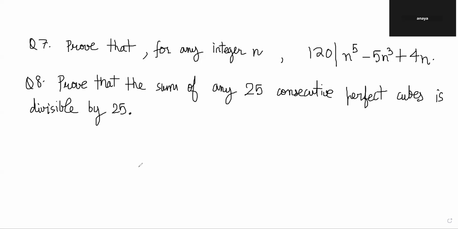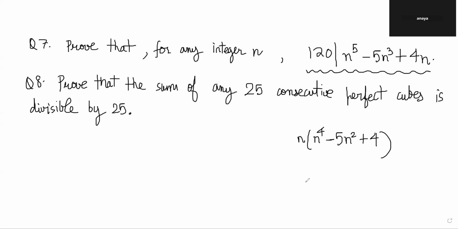Are you getting something? Well, the prime factorization of 120 is 2 to the power 3 times 3 times 5, so it's like 8 times 3 times 5. And then you can take n common from the equation to get n times (n^4 - 5n^2 + 4).